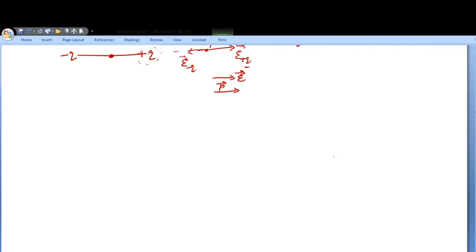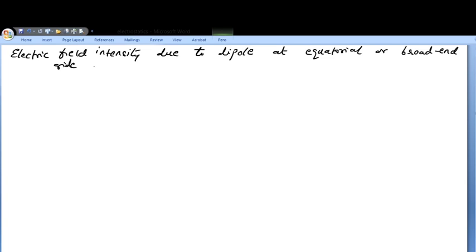Now let's try to do one more derivation. Okay, now what we are going to do is we are going to find out the electric field intensity due to a dipole at the equatorial or broad end side position, at a given point.